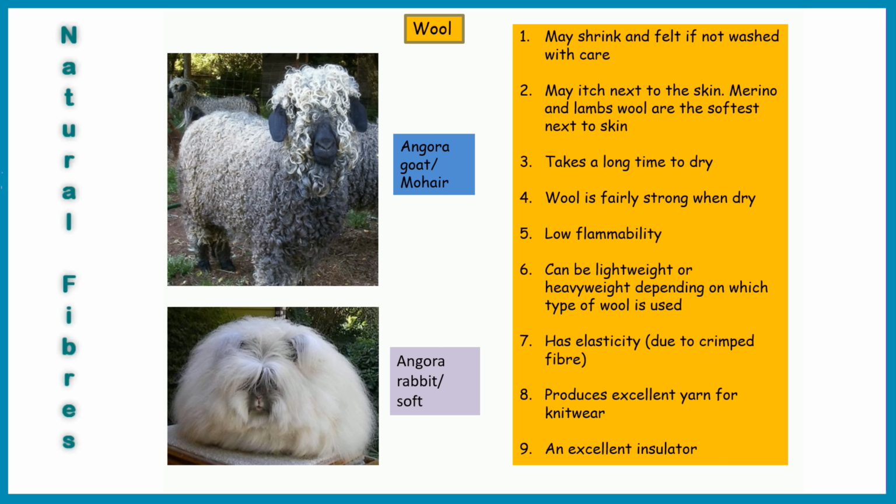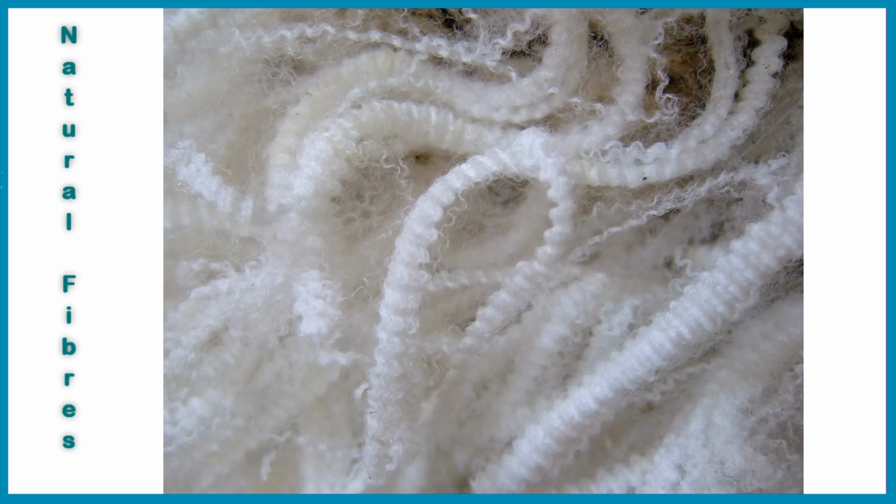Now, wool takes a very long time to dry. It's got very low flammability, and that's why it was historically used as fire blankets. And then it's also an excellent insulator. I want to just show you a little picture of the crimp that we have got in a wool fiber, so you can see that, of course, it would be more elastic.